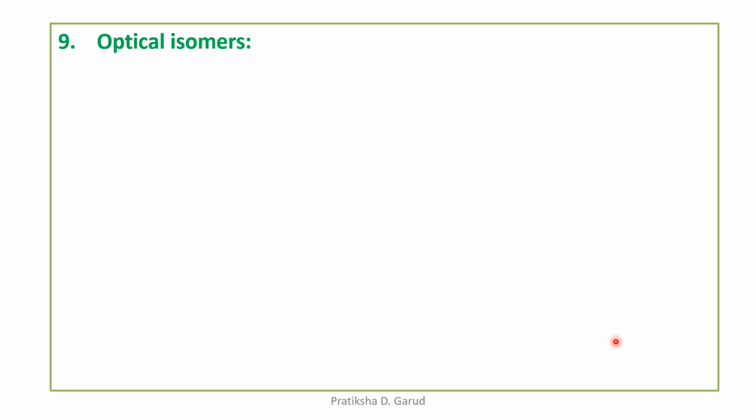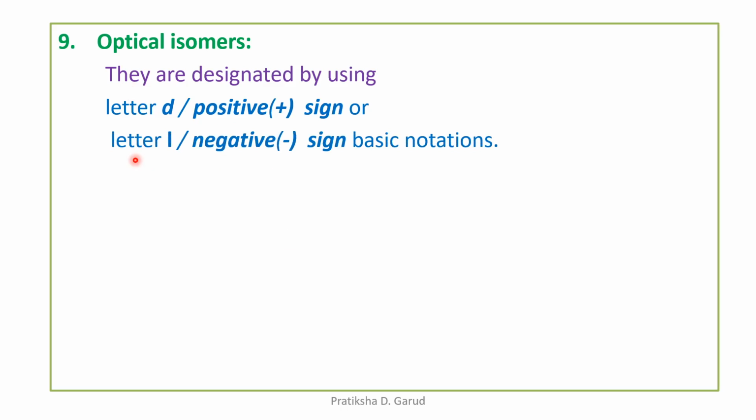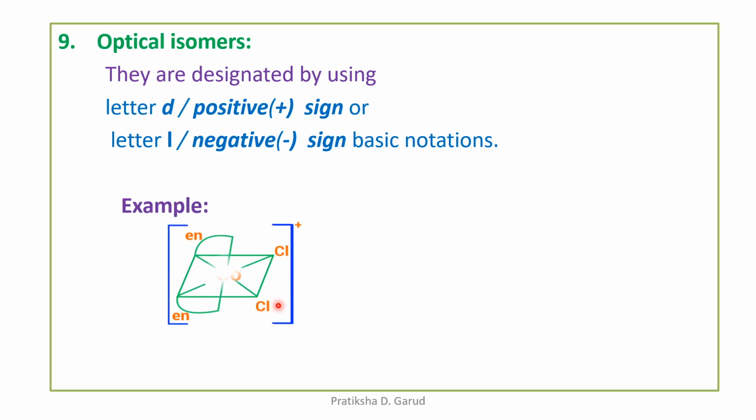Rule number 9, that is the optical isomers. Optical isomers means the D and L isomers. They are designated by using the letter D, or the plus sign, or the letter L, or the negative sign. So the first example is Co, Cl, Cl, ethylenediamine, that is en.